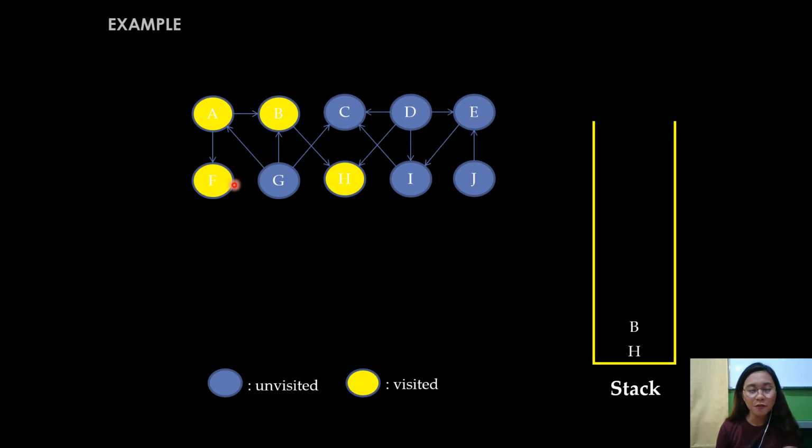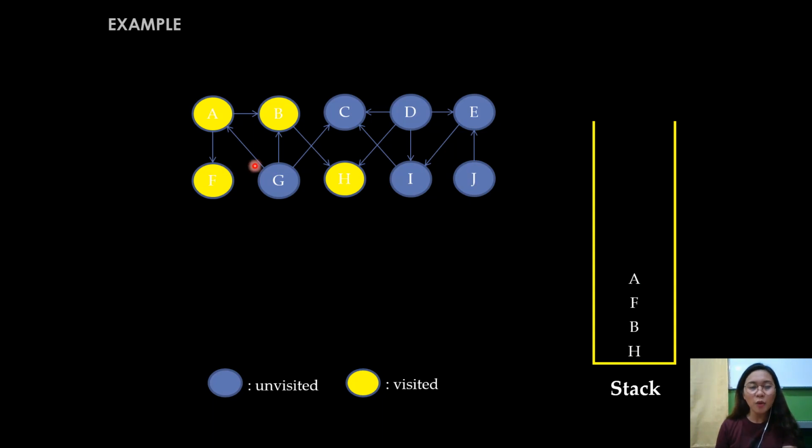Since F has no left unvisited neighbors, therefore, we're going to push vertex F into our stack and move back to our vertex A. But since vertex A has no left unvisited neighbor, therefore, the vertex A must be pushed into our stack.